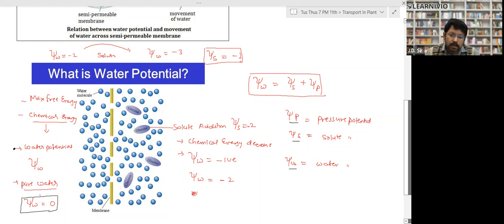What is the pressure potential? Pressure potential is the change in the pressure of water by addition of any solute to it. So what is the water potential?